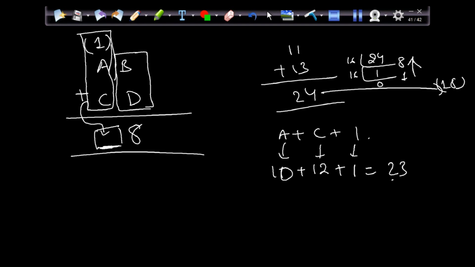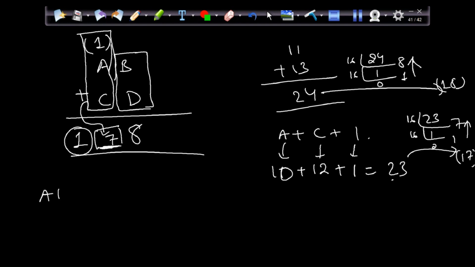And 23 in hexadecimal will be 16 into 1, 7, 16 into 0, 1, so 17. So this will be 7, and the carry 1 will go here. So this is what the answer is. So AB plus CD is equal to 178 in hexadecimal. Okay.